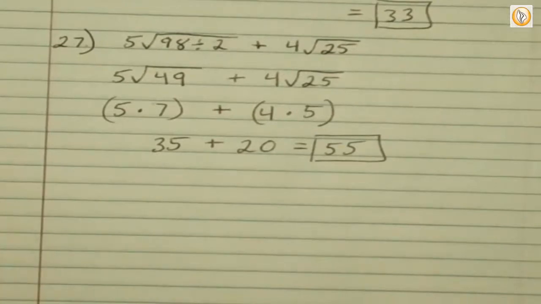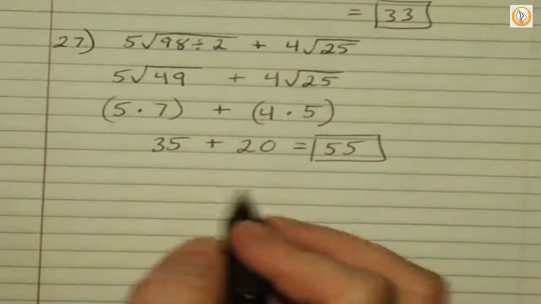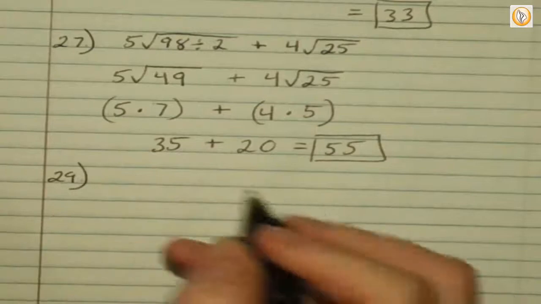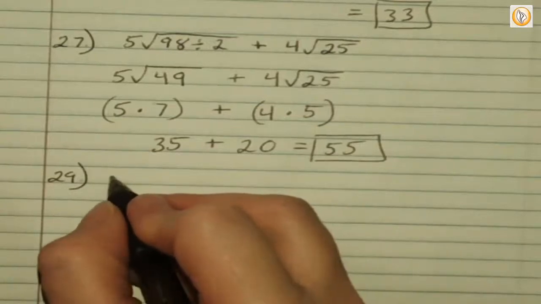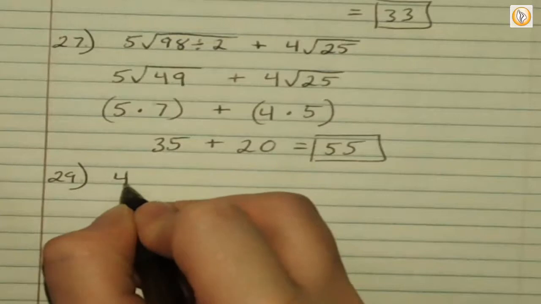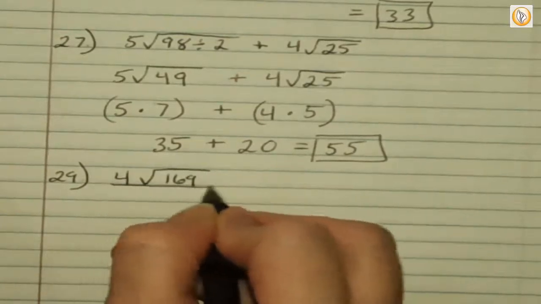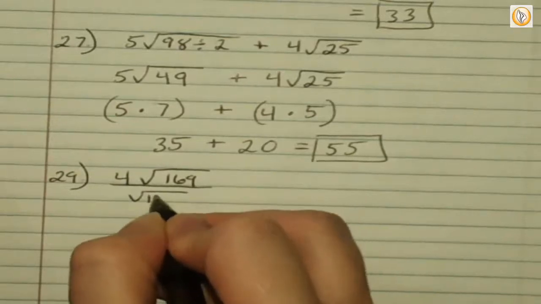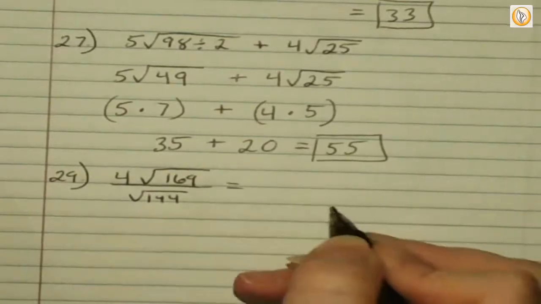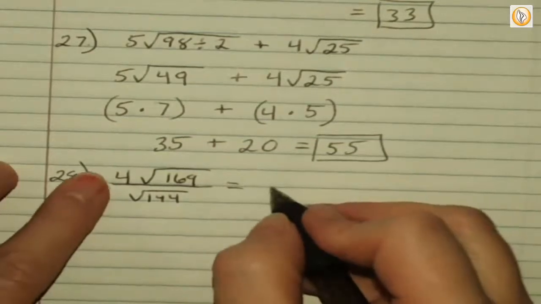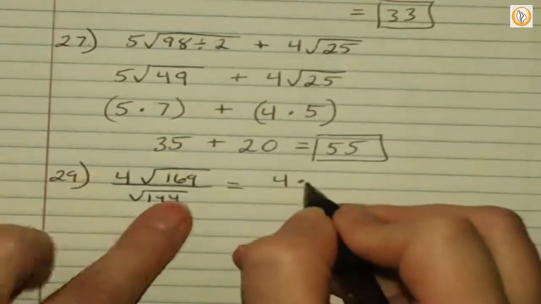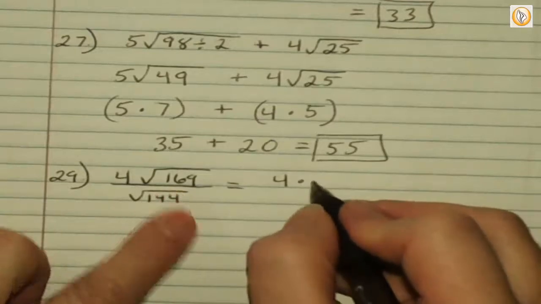So do we kind of have an understanding of what we're doing? A little bit? I'm not there. We'll do 2 more. Let's see here. Cecilia. Number 29. 4 times the square root of 169 divided by the square root of 144. So Cecilia, we're doing 4 times, what's the square root of 169?